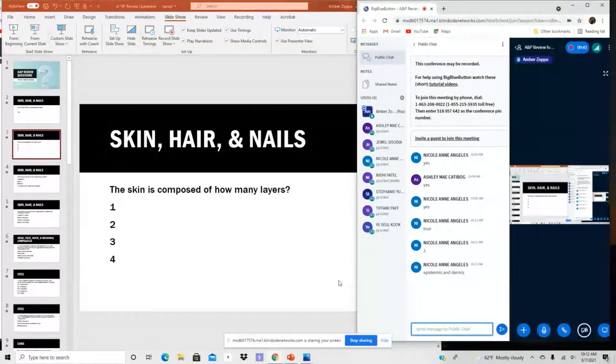And what's below the epidermis and the dermis? The fatty layer beneath those two. What do you guys think that's called? The subcutaneous layer, right? That's the fatty tissue that's beneath the epidermis and dermis. All right, so let's go on to the next one.